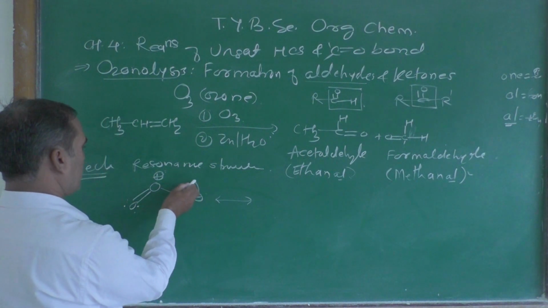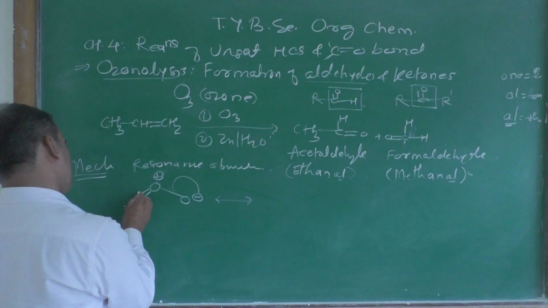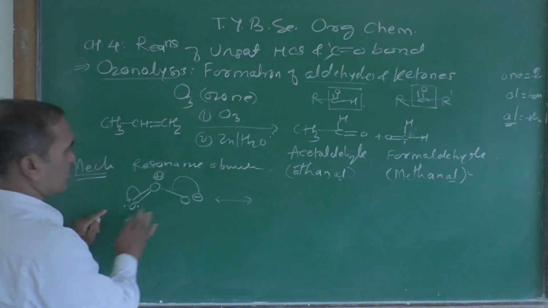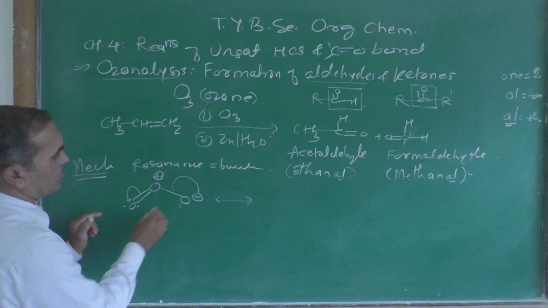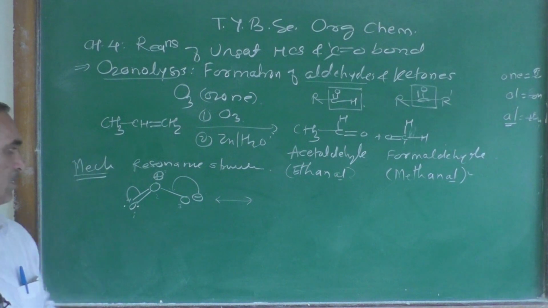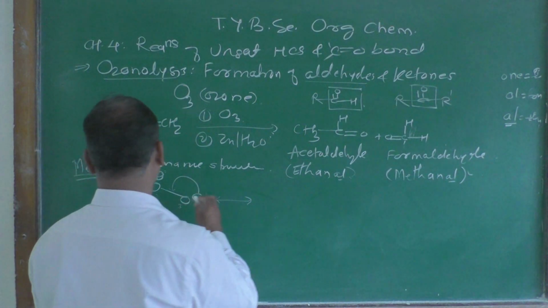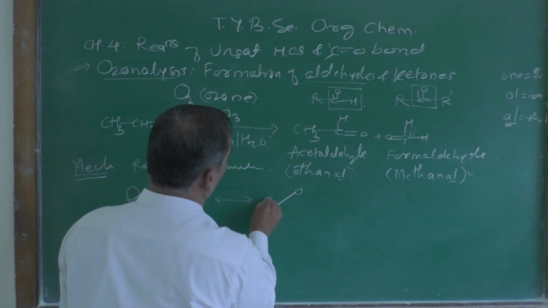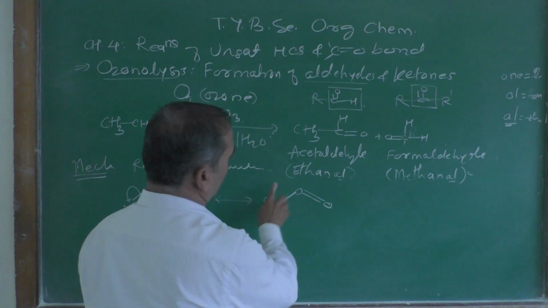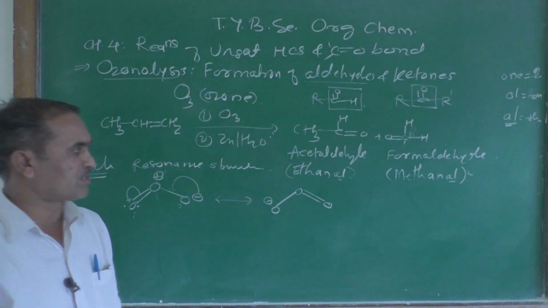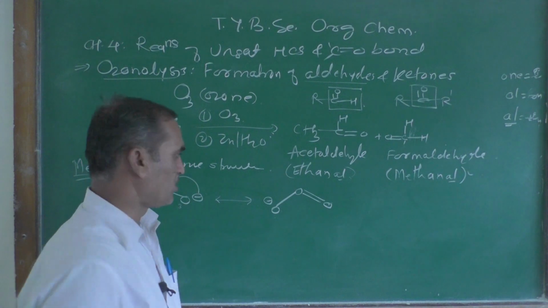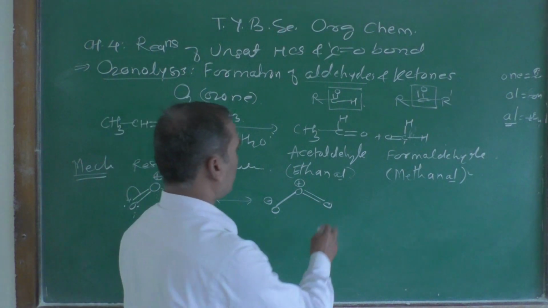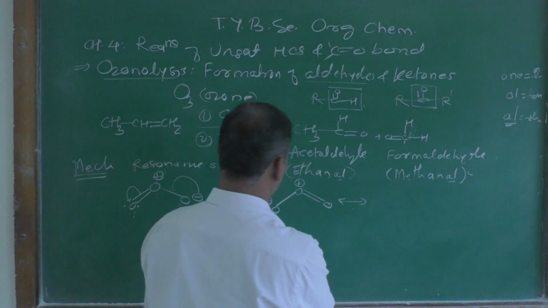Now this negative charge forms a double bond, and the negative charge goes to the other side. There are oxygen atoms 1, 2 and 3, a V-shape structure. Then on this side we get O minus, and now there is a double bond. Still the middle oxygen atom has 3 bonds, and therefore the positive charge remains on it. Then we can show another structure over here.